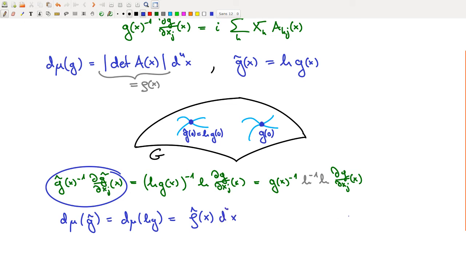But we could also have calculated d mu of g here, which is just rho of x dnx. But we see that the rho which we get over here is the same as the rho tilde we get from over here, because these two things are just the same. And by this we've established that d mu of hg is d mu of g with these special coordinate systems.